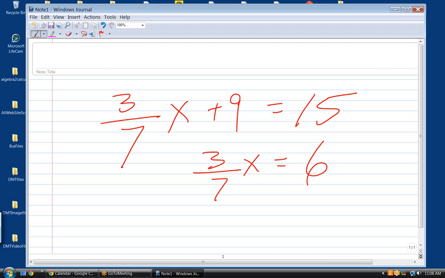Now, I've got almost x equals, but I got this coefficient in front of x. And I can look at this as doing it in 2 steps or 1 step. The 3 is multiplying the x. The 7 is dividing it. So to get rid of this 3/7, I have to do what?